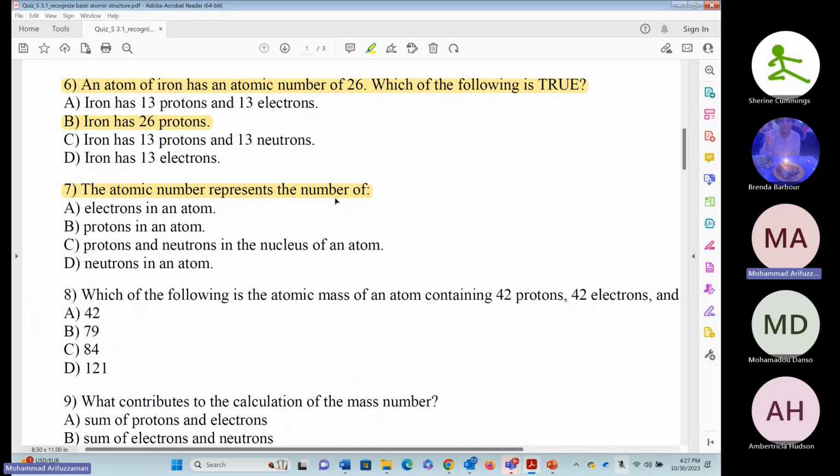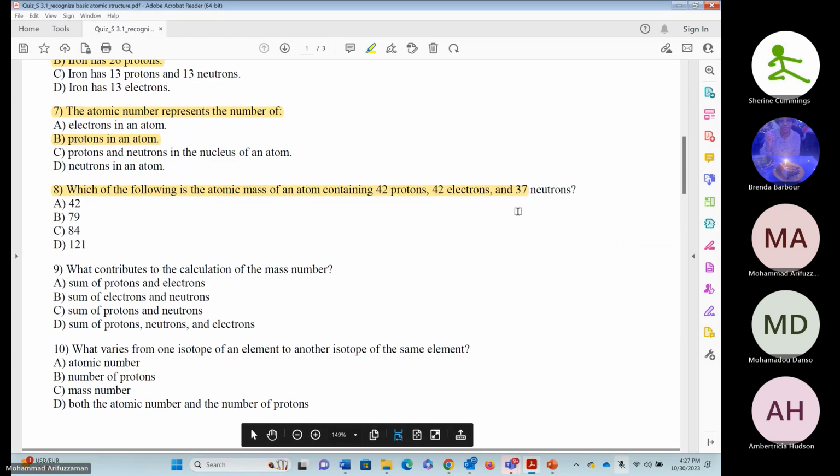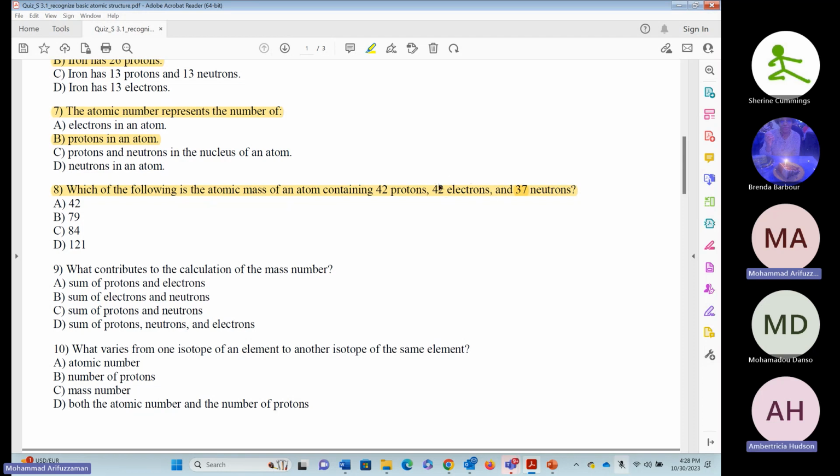The atomic number represents the number of protons in an atom, B. Which of the following is the atomic mass of an atom containing 42 protons, 42 electrons, and 37 neutrons? The electrons are not involved in atomic mass. Atomic mass means the number of protons plus the number of neutrons.